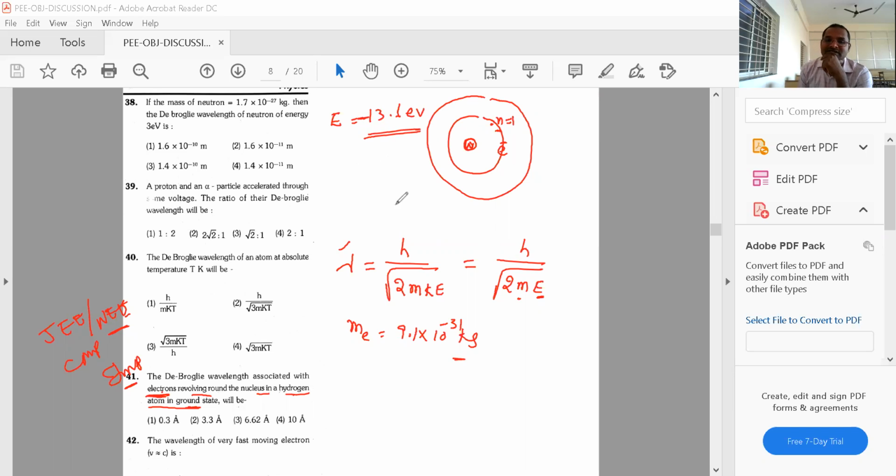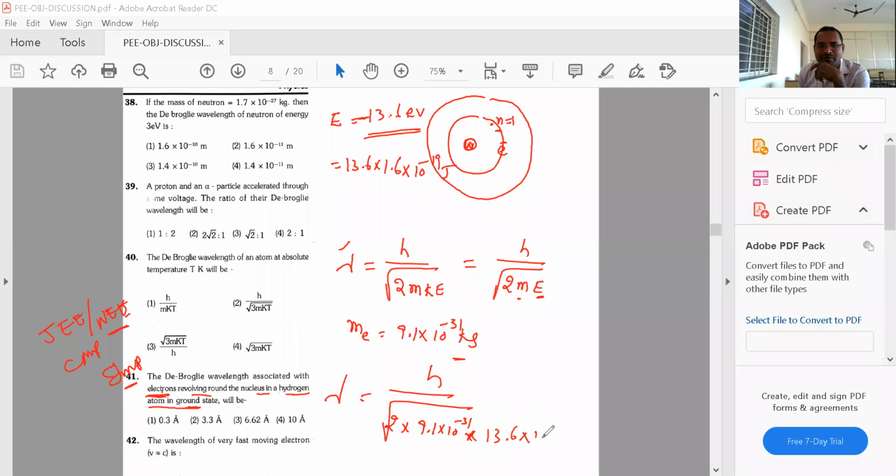Now substitute these values. Lambda is equal to h upon root 2 into 9.1 into 10 to the power of minus 31 into 13.6 electron volt. 1 electron volt is equal to 1.6 into 10 to the power of minus 19 joules. You need to remember that, and always write the SI unit only. So 13.6 into 1.6 into 10 to the power of minus 19.